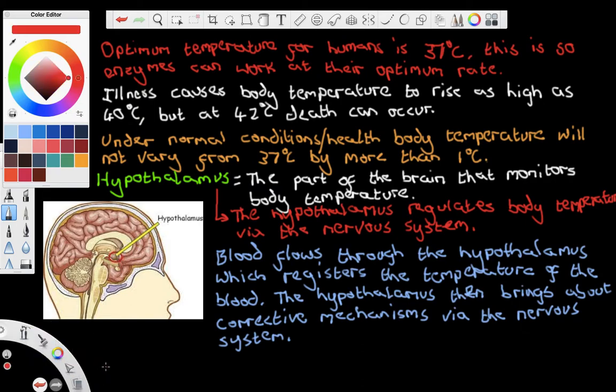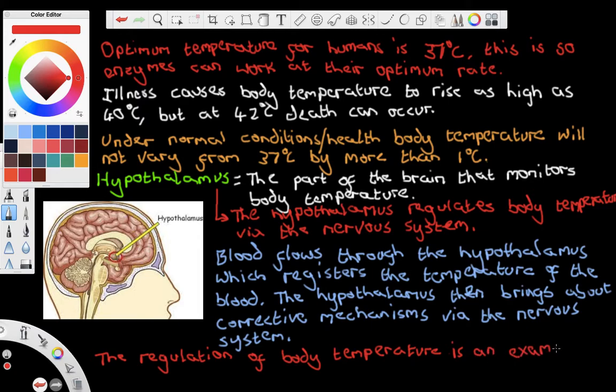So I'm going to put in red finally on this slide that the regulation of body temperature is an example of negative feedback.